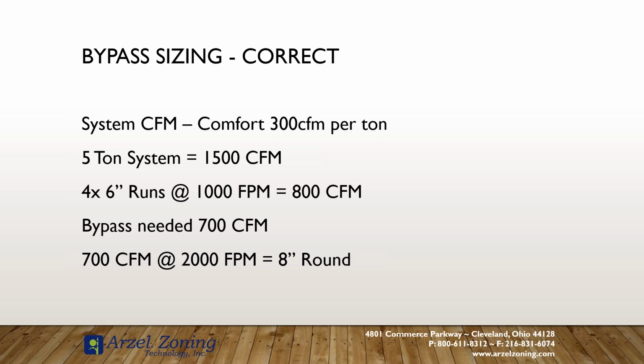In the charts we saw prior, I can fit 5 tons of air through four 6-inch runs. I could fit it through three 6-inch runs, though I probably wouldn't unless I had an 8-inch bypass on there under normal conditions. But I can fit that first stage capacity through four 6-inch runs and not require a bypass in most cases.